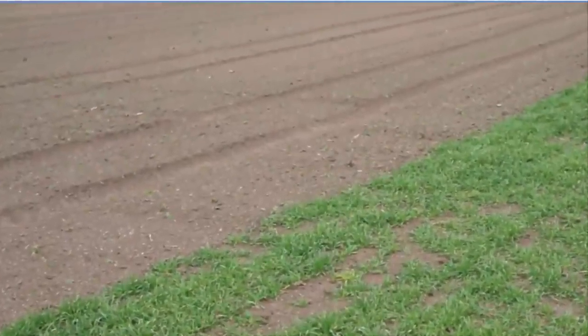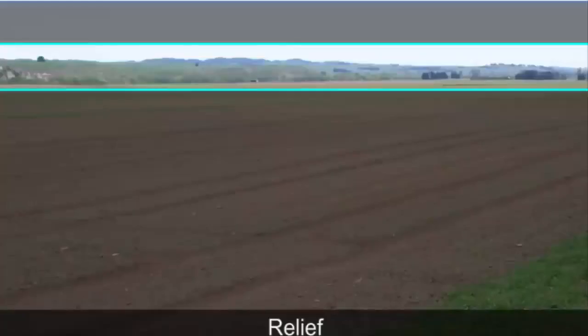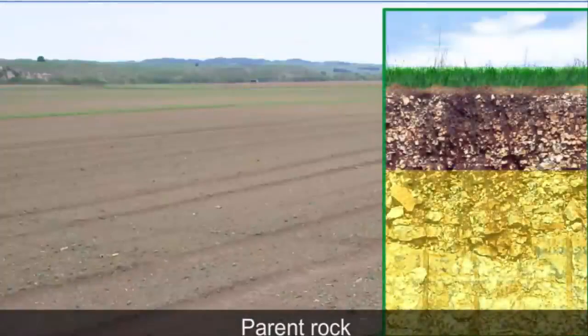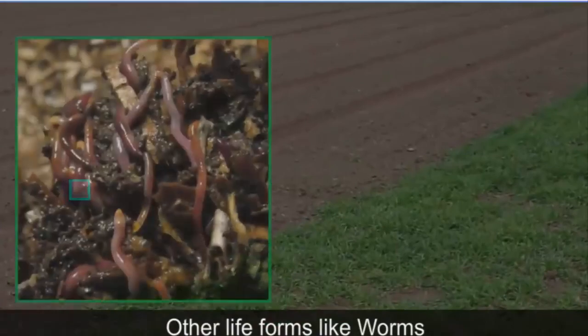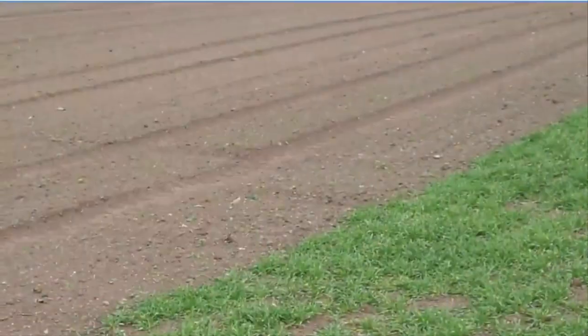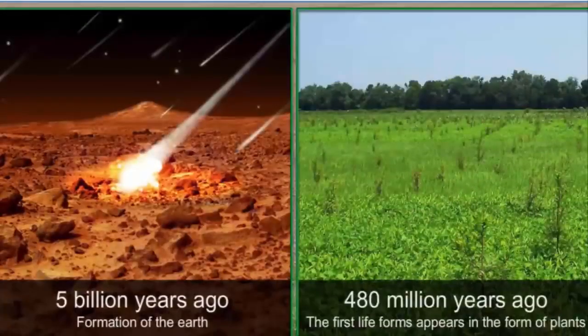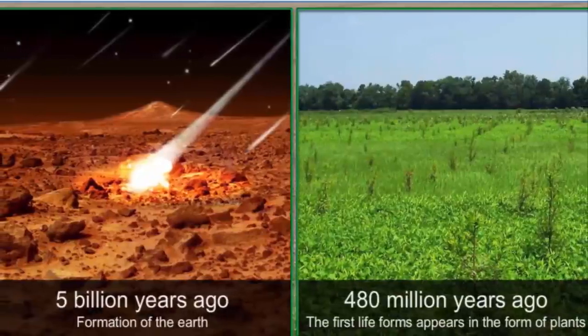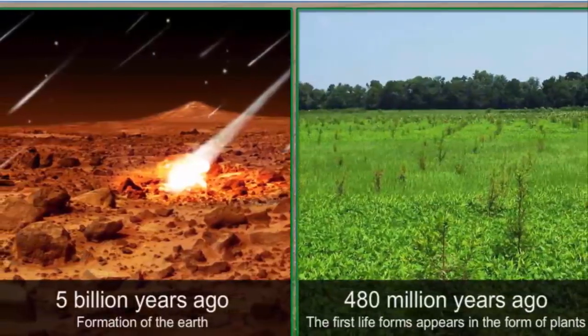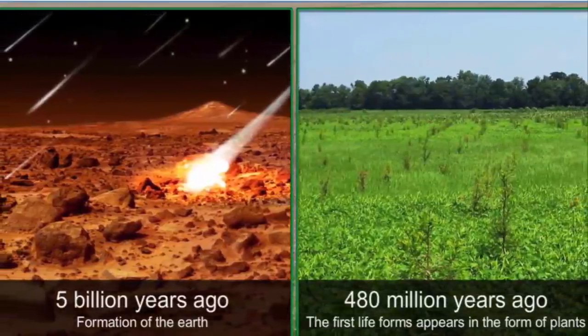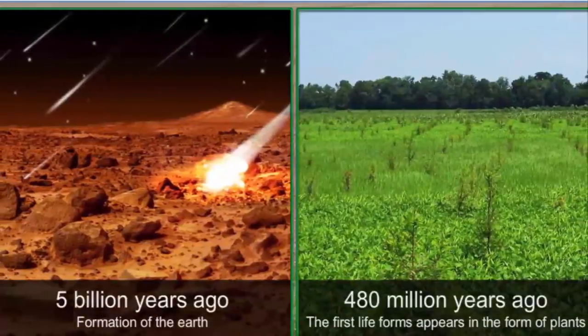The important factors that influence soil formation are relief, parent rock, vegetation, and other life forms, and most important of all, time. Chemical and organic changes also take place in the soil. Soil is a natural, abiotic, renewable resource.